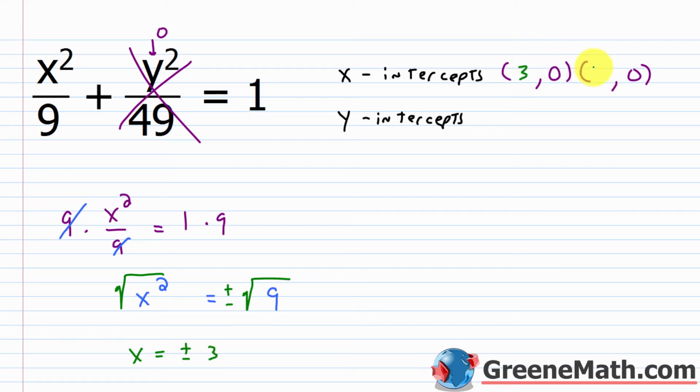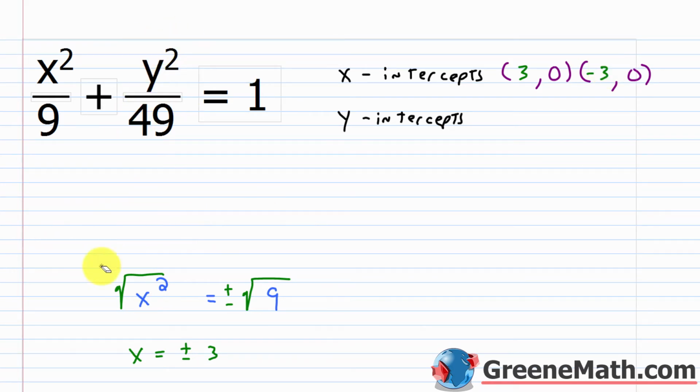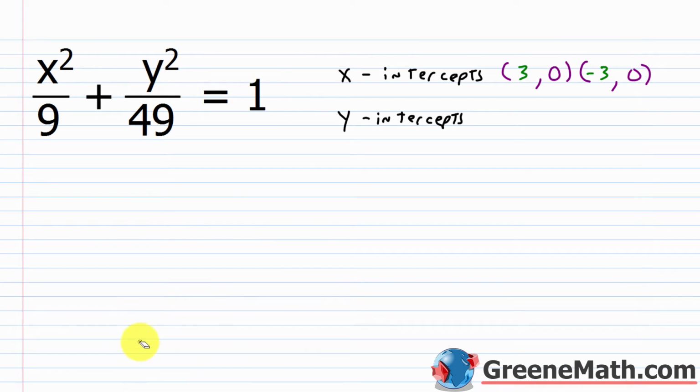Now, what's the shortcut here? Because I don't need to go through this every single time. What ends up happening is, if this guy right here is a 1, which it's always going to be in the case of an ellipse, sometimes you'll get an equation that you have to put into this form, but once it's put into this form, this is what you're going to see. So let's just say this is x squared over q.